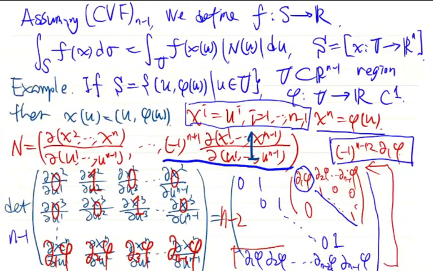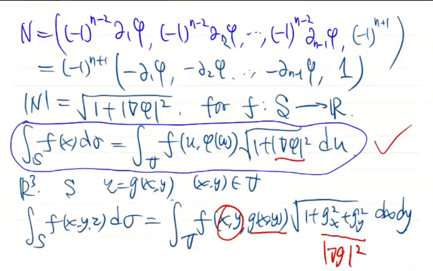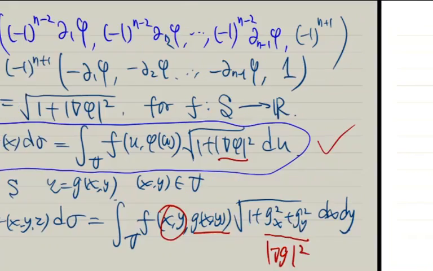Okay, so we have now defined the surface integral. Up to now we only considered smooth surfaces, but sometimes we need to study piecewise smooth surfaces. So S is piecewise smooth.